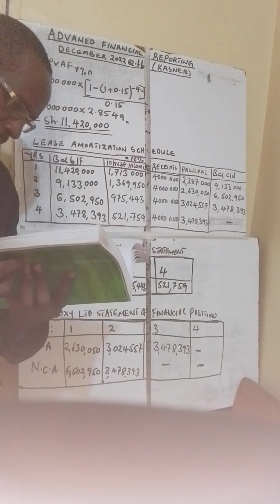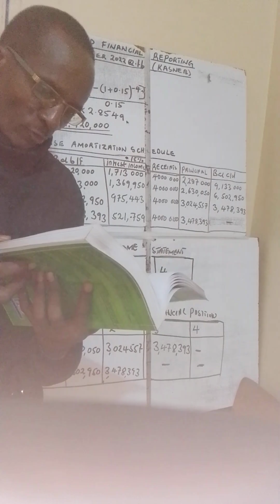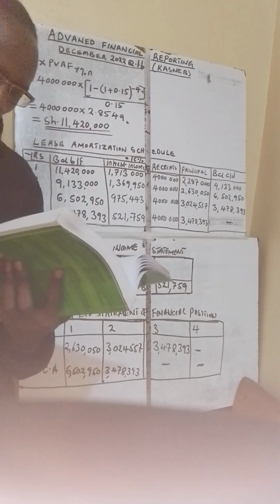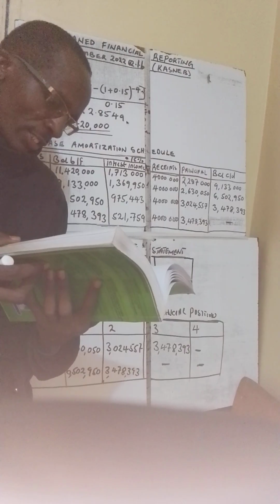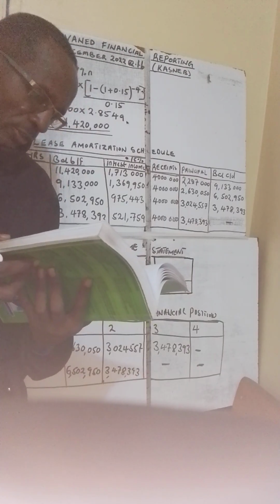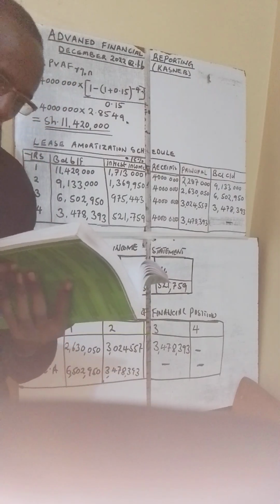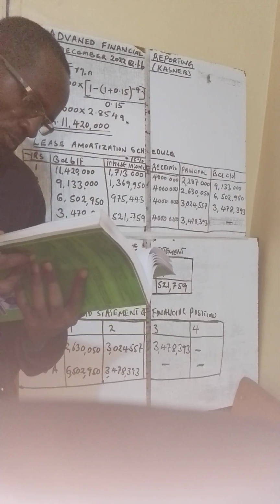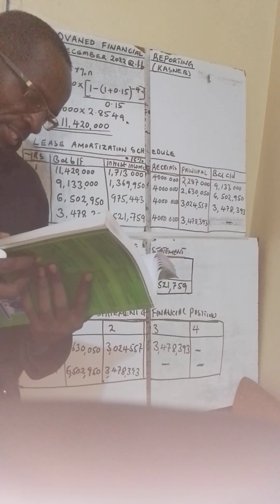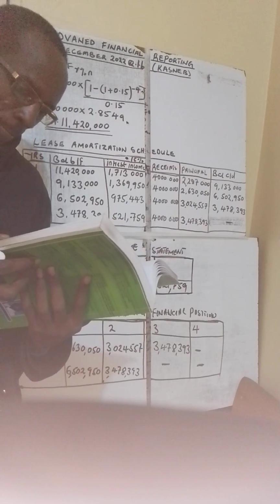Vox Limited leased a factory to Tiana Limited with effect from 1st July 2022. The lease is for 4 years at an annual lease rental of shillings 4 million, payable annually in arrears. The lease contract provides that the lessee shall be responsible for the insurance and maintenance of the factory during the lease term.